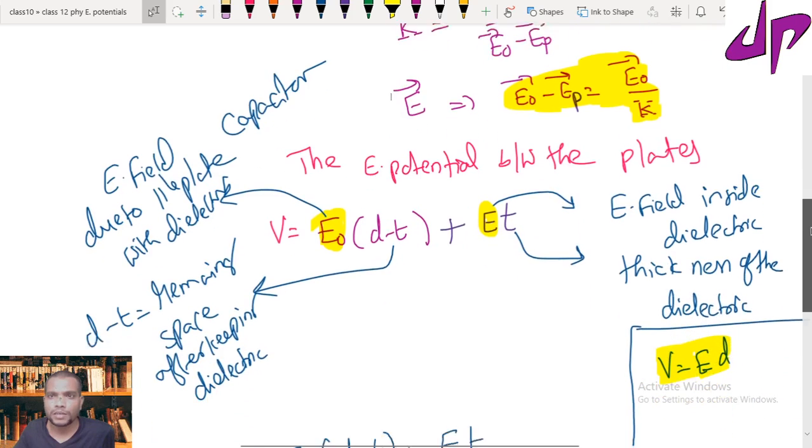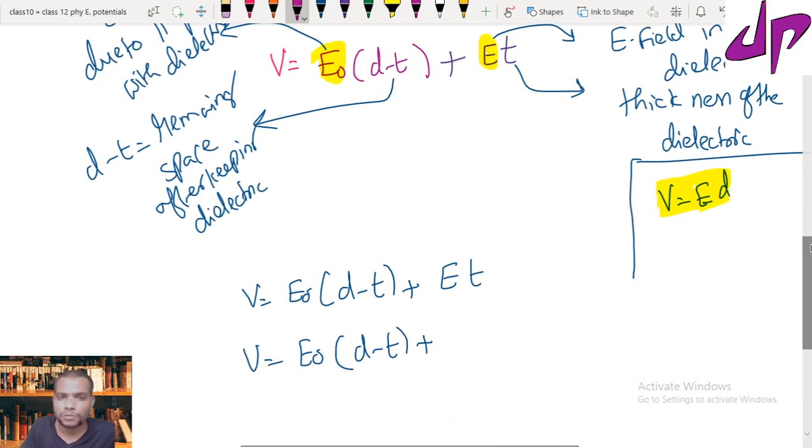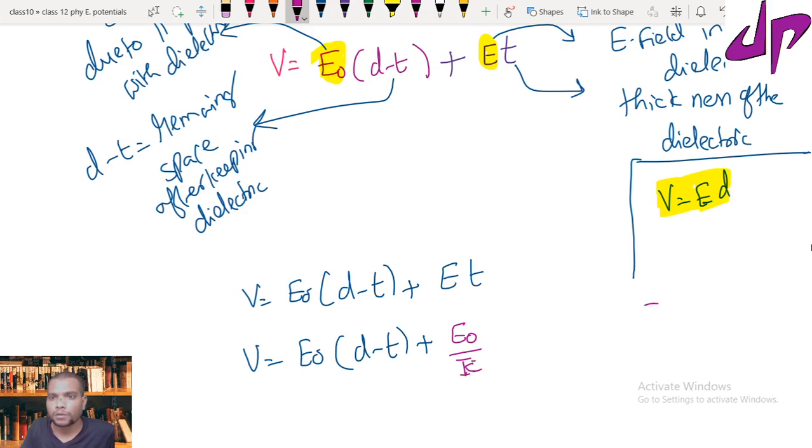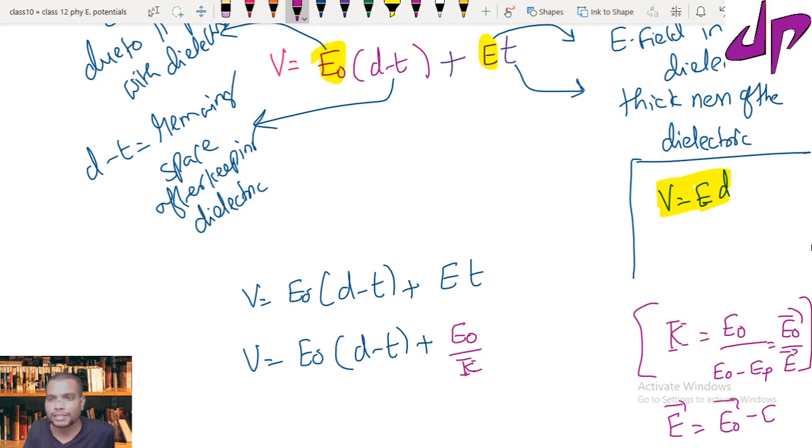In the place of E, we can directly substitute the value of E naught upon kappa, because kappa equal to E naught upon E naught minus EP, which is also equal to E naught upon E. Here E means the leftover electric field, which we are calling E naught minus EP.